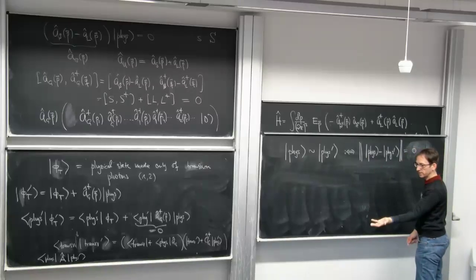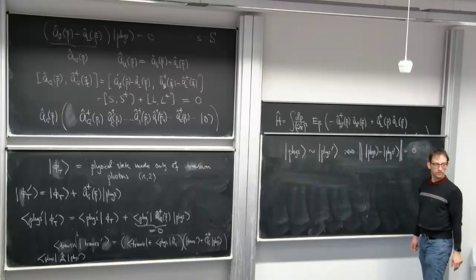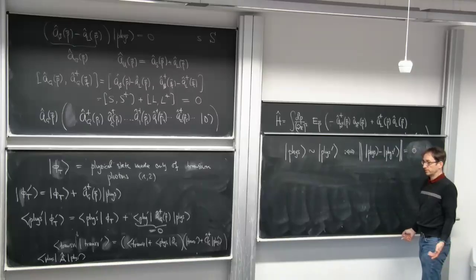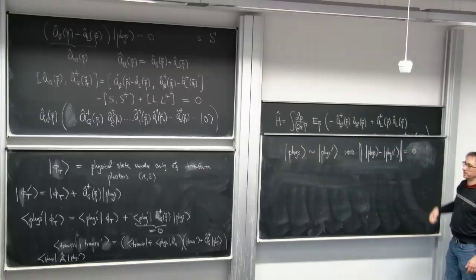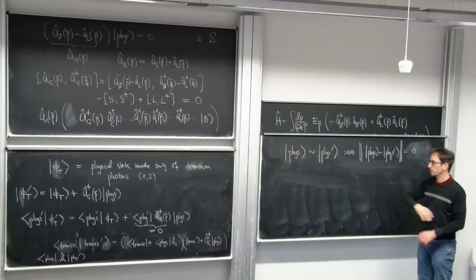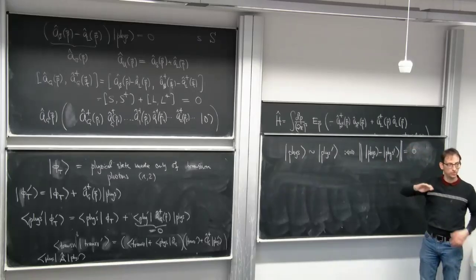If you have a physical state, you can add to it any of those null states. Zero norm states are also called null states. So you might as well, if you have this freedom, throw them out altogether. Never add it, because it's your choice. This is picking a representative.